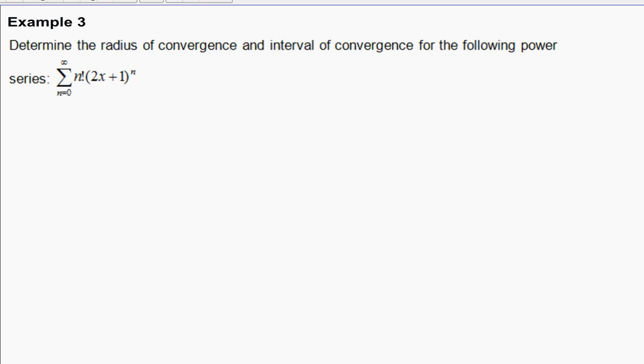Another example: determine the radius of convergence and interval of convergence for the following series. Again, we'll use the ratio test. You can start by writing what a sub n and a sub n plus 1 are. So a sub n.